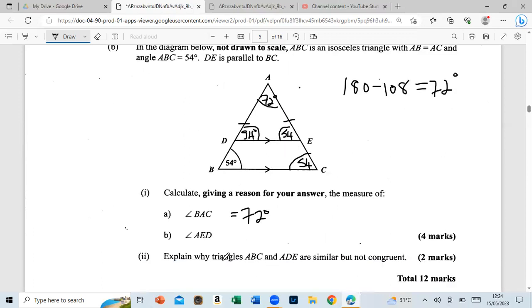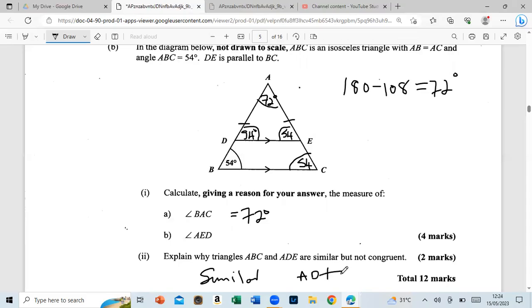It says explain why triangles ABC and ADE are not congruent. Congruent means the lengths would be the same size. So they are said to be similar, not congruent. You can just say that the corresponding sides are not equal.